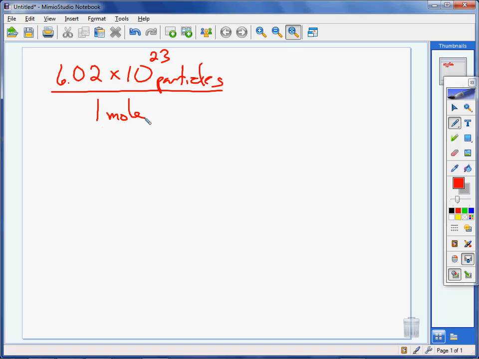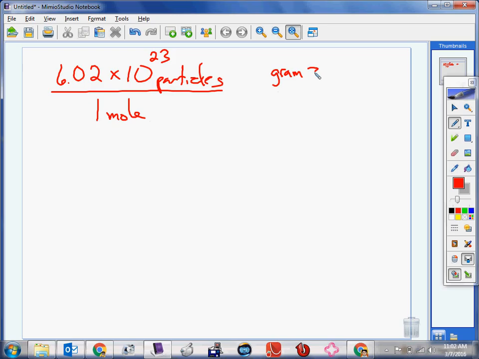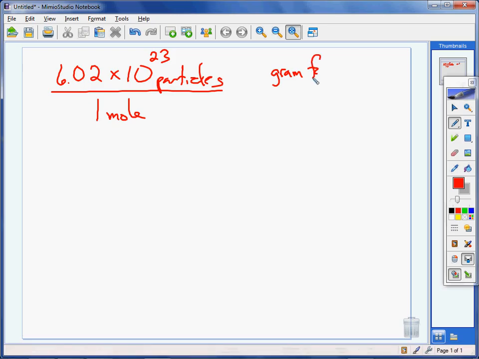Okay, what was the second one? Is it molar mass? Okay, molar mass, right? The one that we get the atomic masses from the periodic table, right? This is also referred to as the gram formula mass.